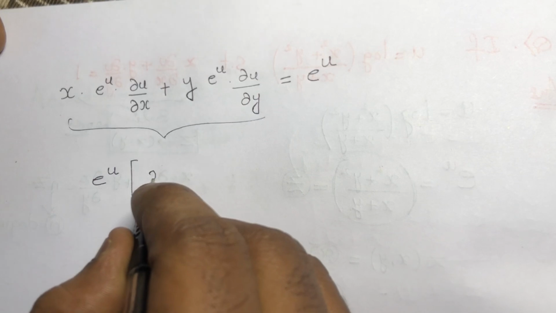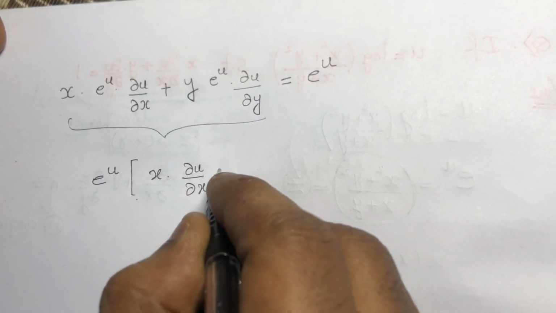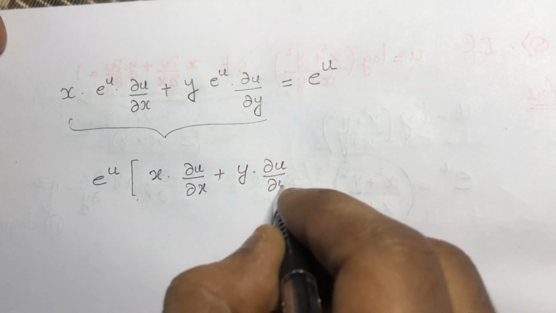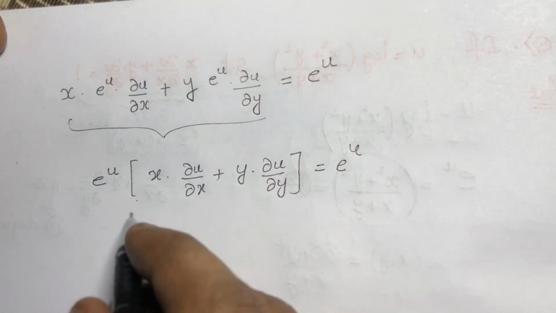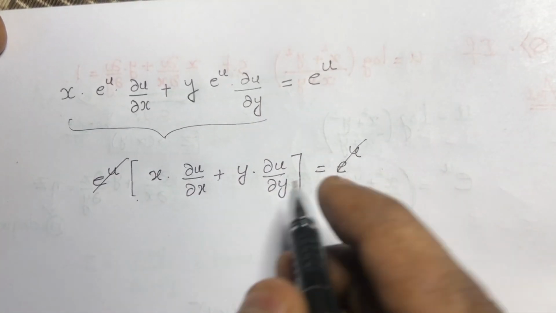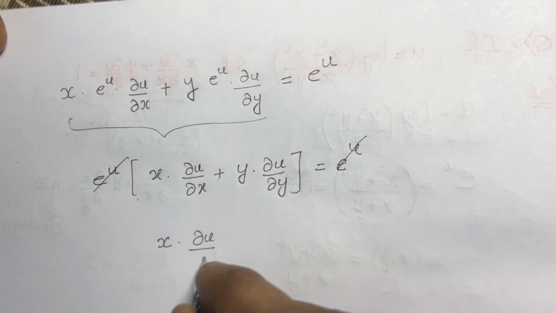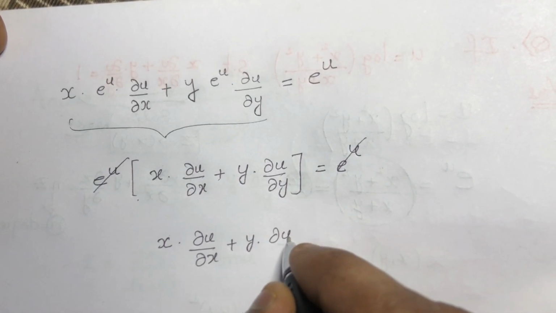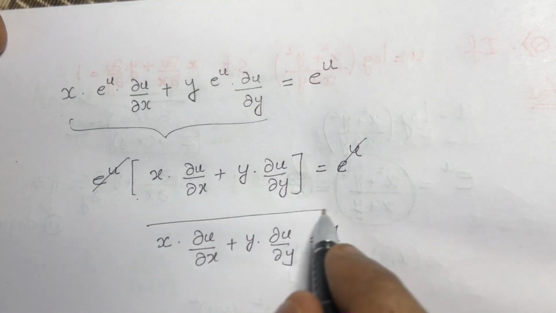Then the leftover term is x into dou u by dou x plus y into dou u by dou y is equal to e power u. So I can cancel e power u, and my final answer is x into dou u by dou x plus y into dou u by dou y is equal to 1. So this is my proof.